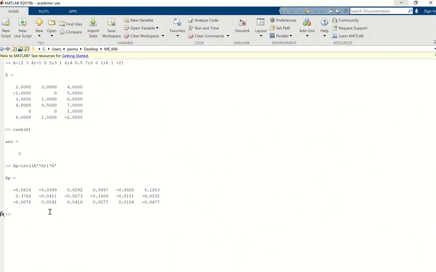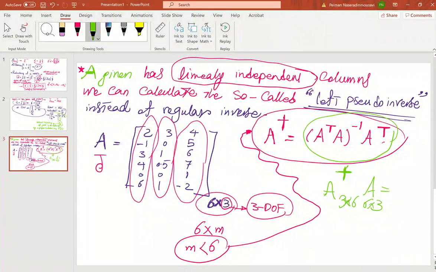We have 3 by 6. If I multiply it from the left, A plus multiplied by A, we're going to have a 3 by 3 unity matrix, like the inverse. Remember, guys? So this is going to be I, 3 by 3. This means left pseudo inverse.